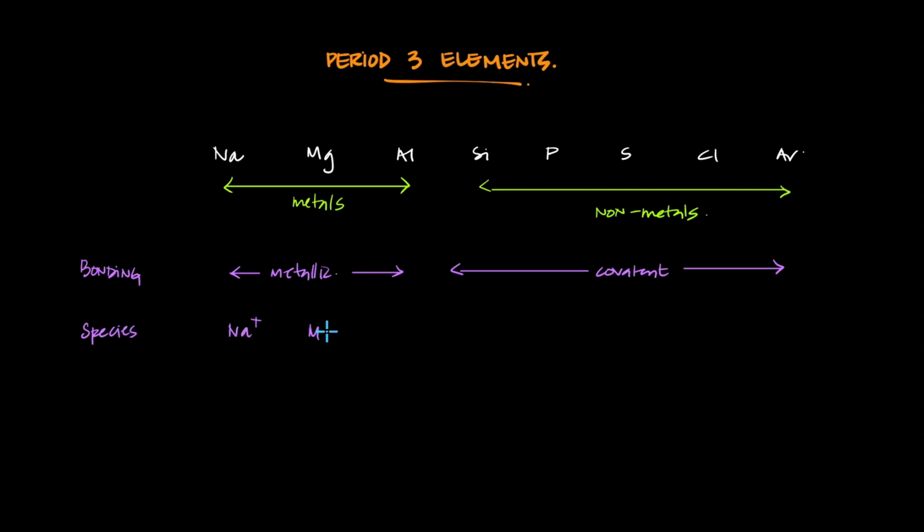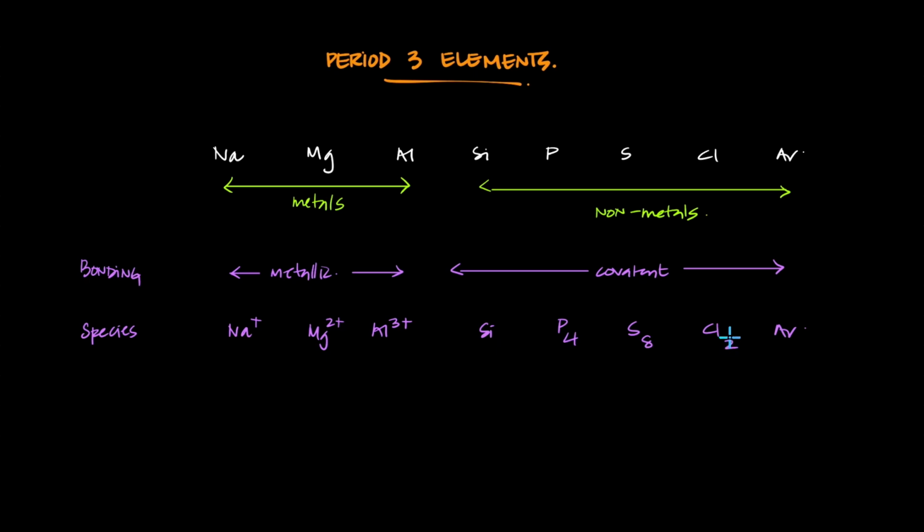So sodium, magnesium, aluminum. Then silicon is a macromolecule of atoms, phosphorus is found as P4, sulfur is found as S8, chlorine is found as Cl2, and argon is monoatomic. Let me just align these. That's the bonding I'm talking about.